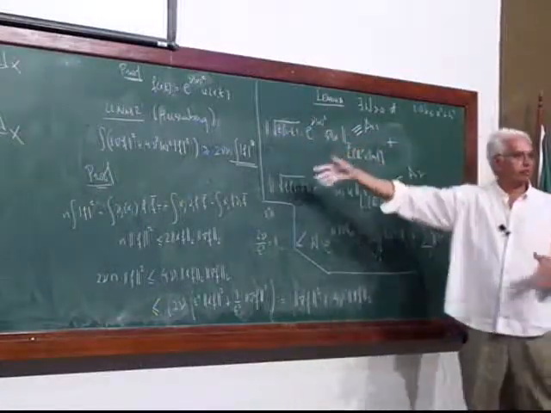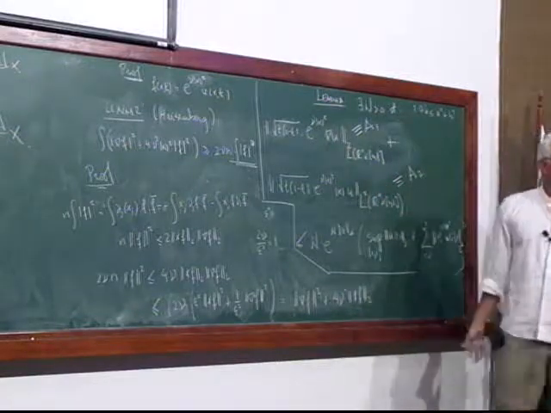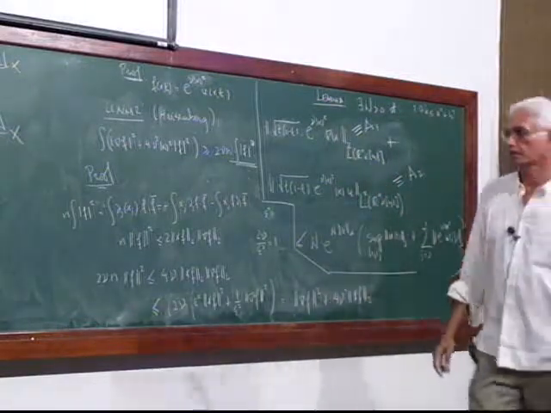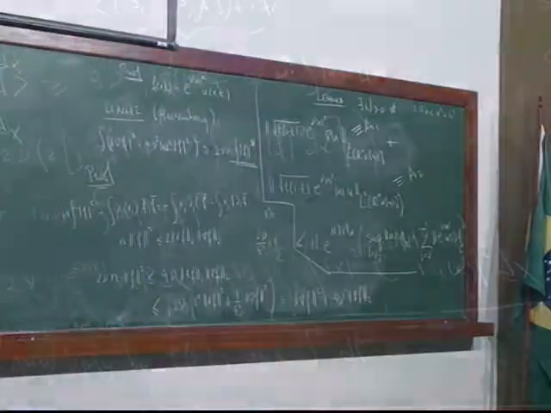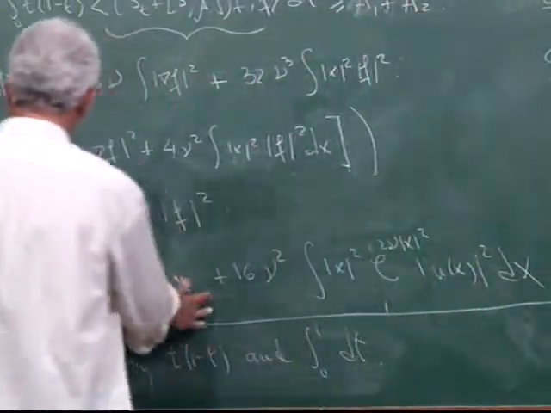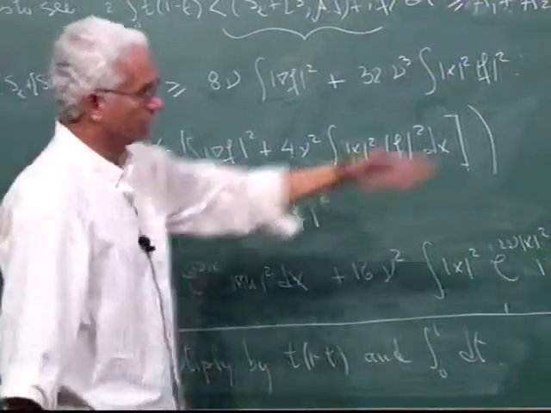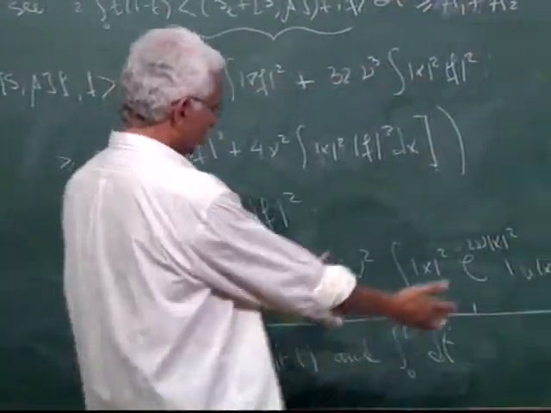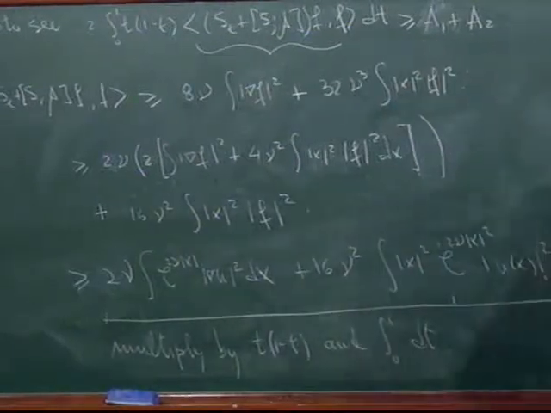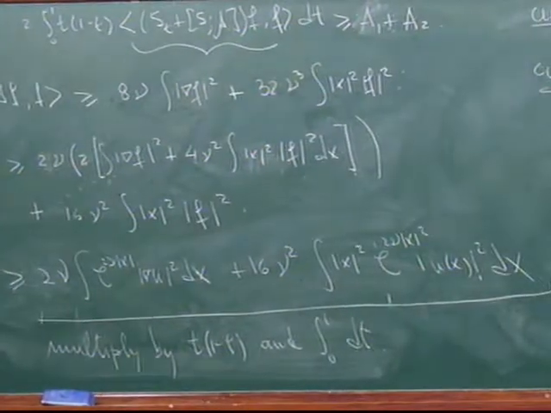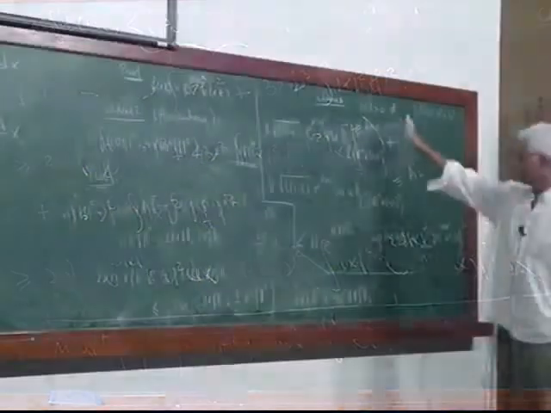Well, take the minimum of the 2 and pass to the other side. Therefore, you have seen that you control this one, multiply by t, 1 minus t, this. That is exactly the L2 norm of what you want. And you control this one, that is exactly this term. Then you have proof.